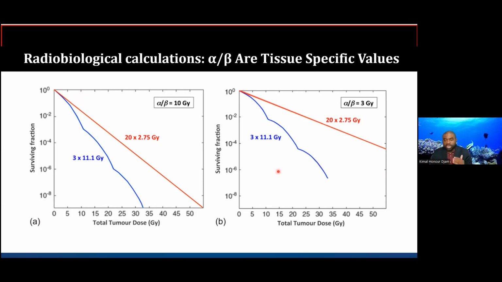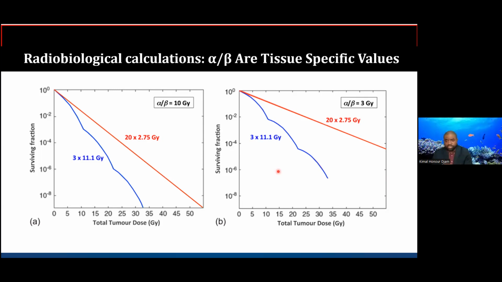And therefore, the alpha-beta ratio is an inverse measure of the fractionation sensitivity of a given tissue or organ, and determines the dependence of outcome on the dose per fraction. Therefore it's a very important quantity in distinguishing the effects of SBRT or conventional radiation therapy.